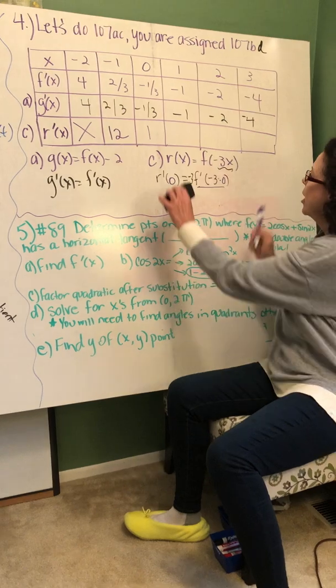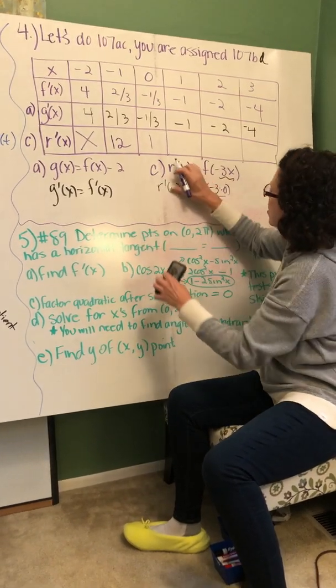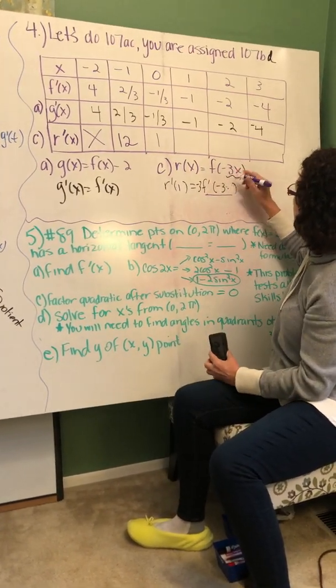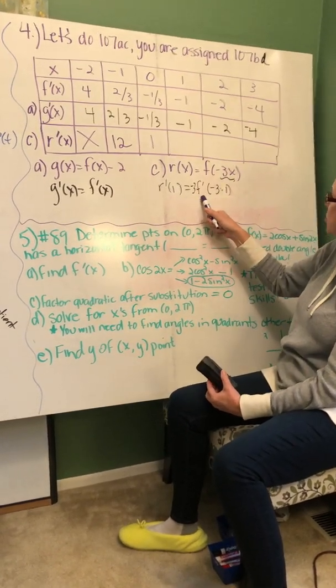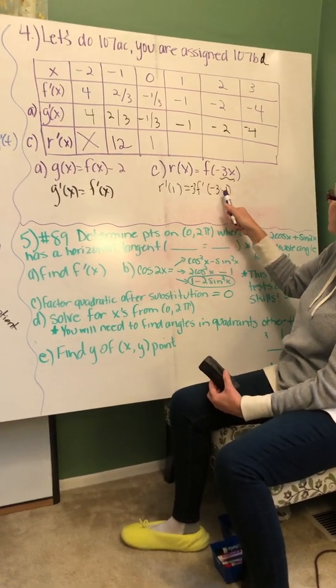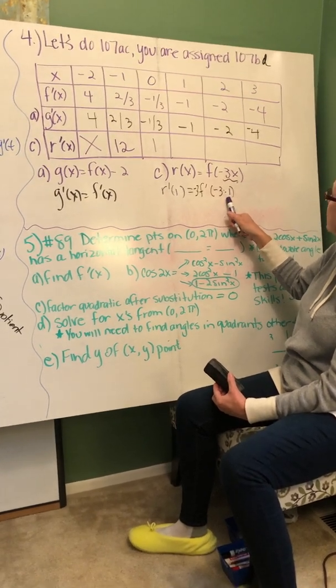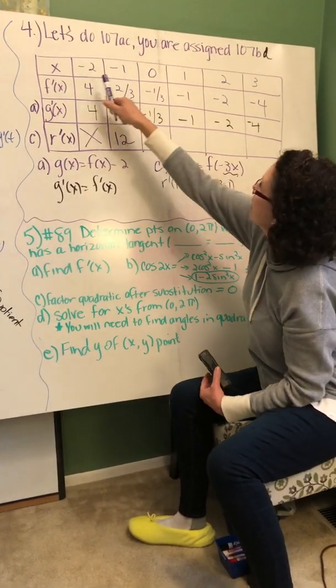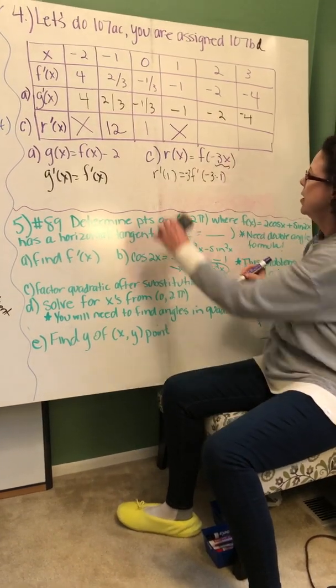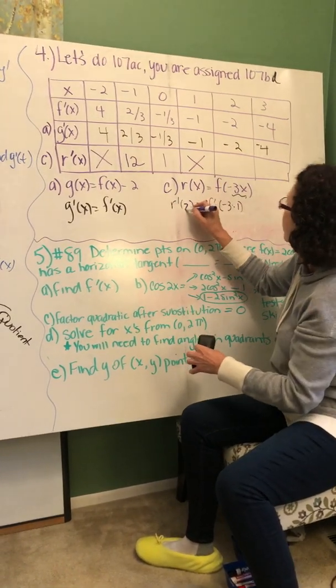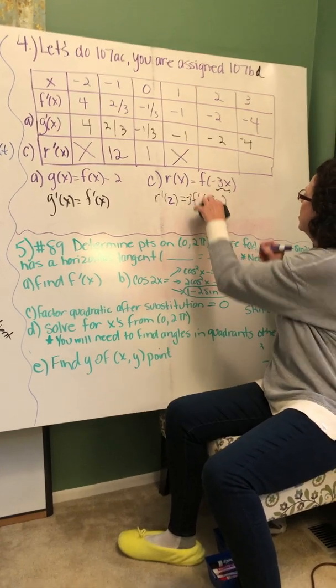Let's move over to where x is 1. There we go. The derivative of r at 1 is equal to the derivative of f at -3. Okay, let me go there. -3, oh, I don't have where x is -3. That's okay, I tried. Let's go to where x is 2.